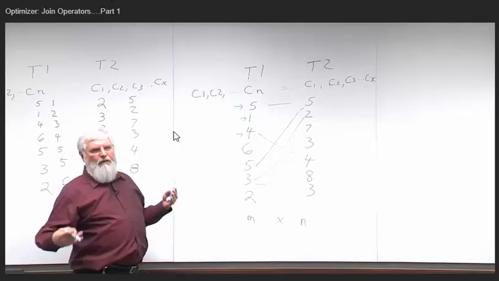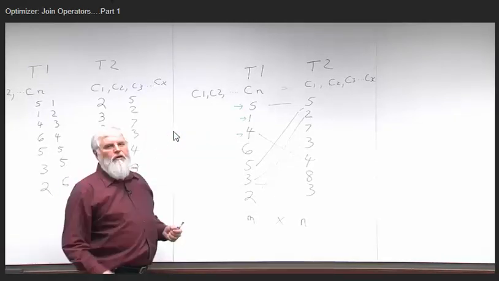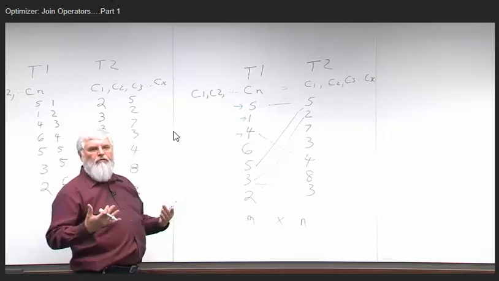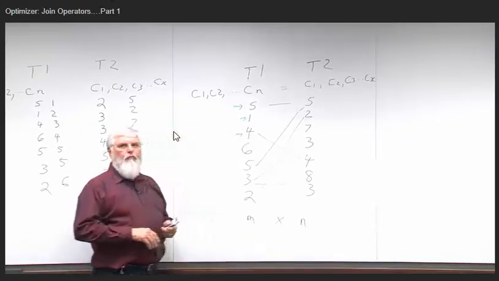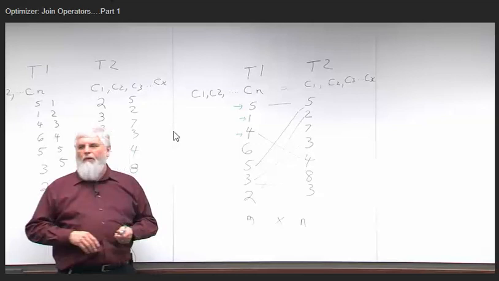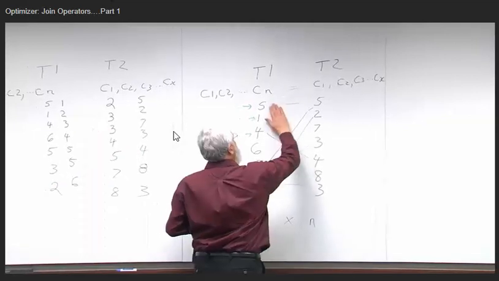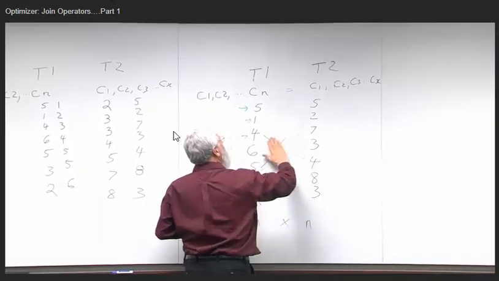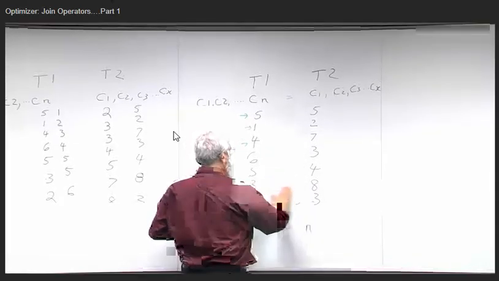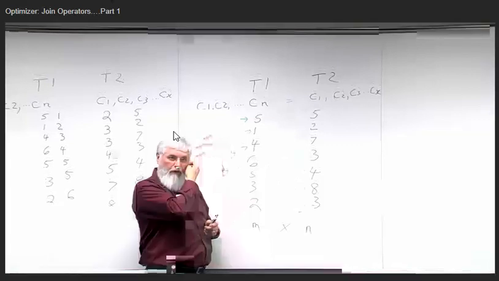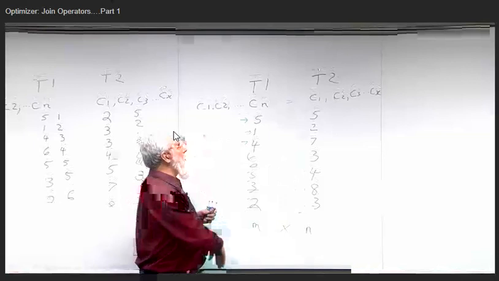Okay, there is one case where the optimizer will actually use this. So we'll just erase this really quickly. And the case is a Cartesian cross product. In a Cartesian cross product, I don't have any join predicate. It's not an equal join. And I'm just taking T1, join it with T2.